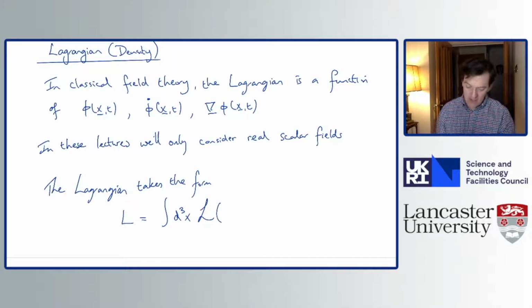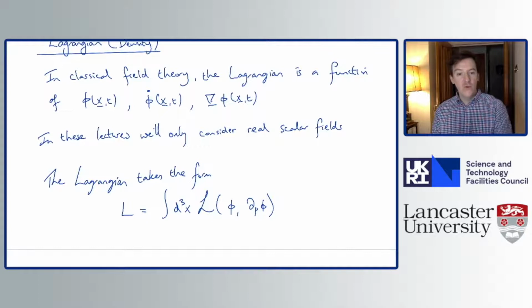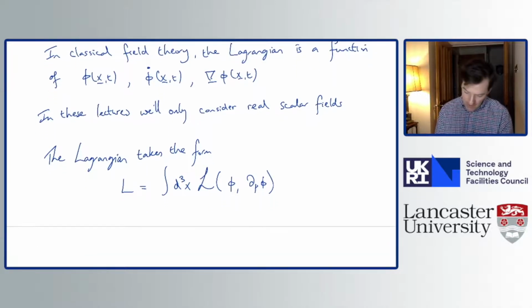In general, this Lagrange density depends on the fields, as we said, and also on the derivatives. Let me write the derivatives using this 4-vector notation as d mu phi. This is our quantity which is going to be important, this curly L. This quantity is the Lagrange density or the Lagrangian density.